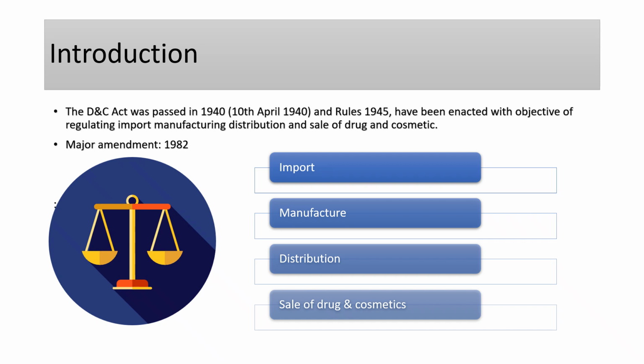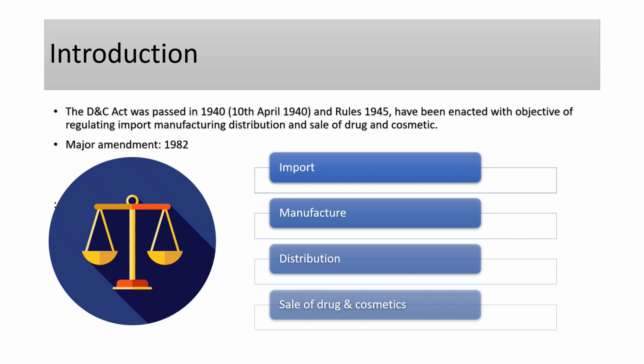Many cases came to the government in which there was a serious health issue related to drugs and cosmetics, or from taking the wrong drugs and cosmetics. In the market, many adulterated, spurious, and low quality drugs were being sold, and because of that the market was in a really difficult condition.